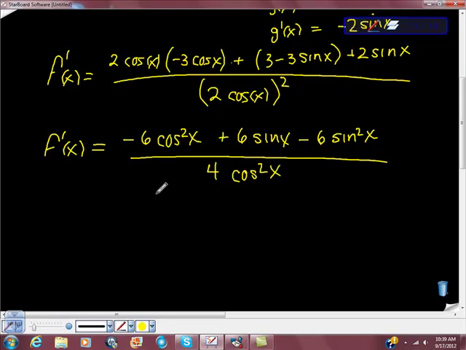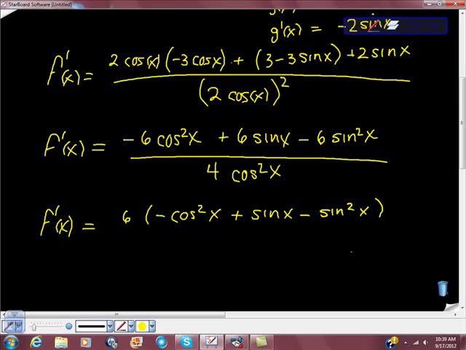Okay, maybe not. First thing I'm going to do here is factor out 6, I think. I'm just going to do this algebra. This sucks, but you have to do this algebra. So I'm going to factor out 6, so times negative cosine squared x plus sine x minus sine squared x.